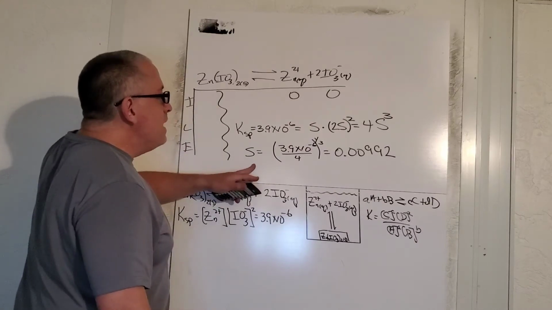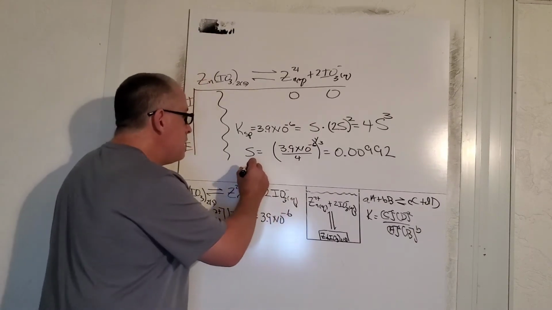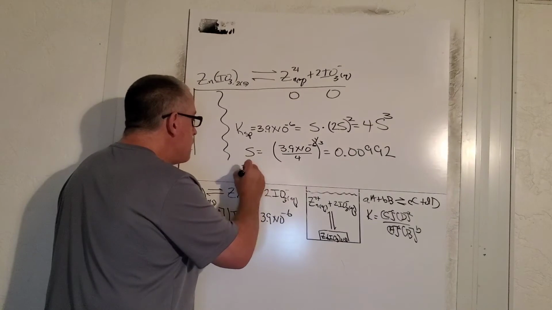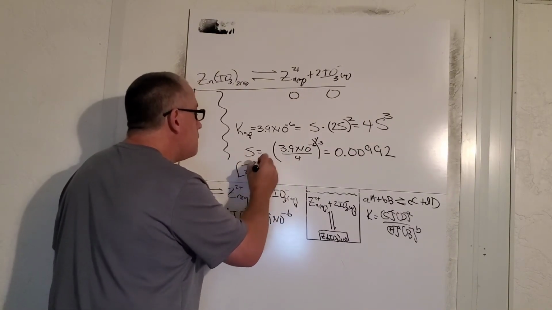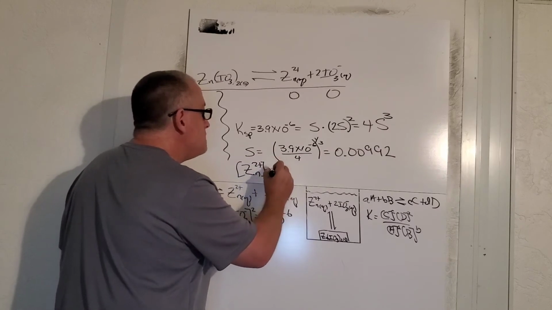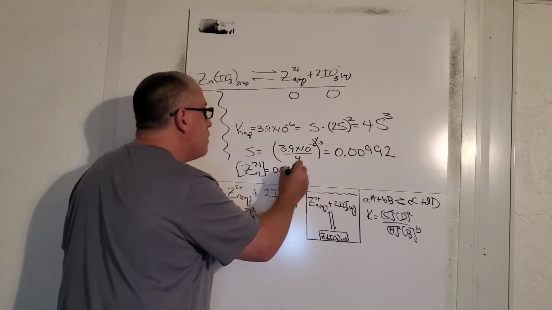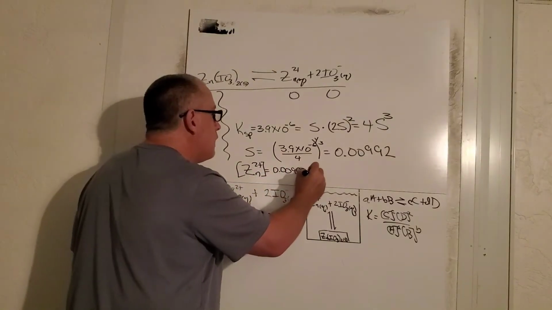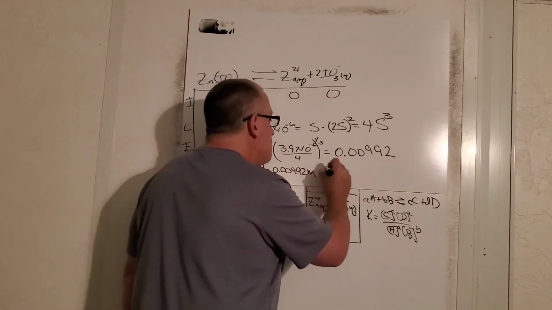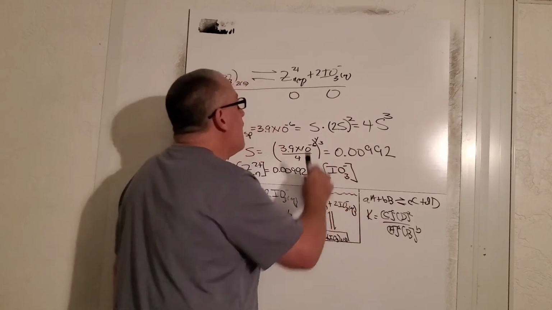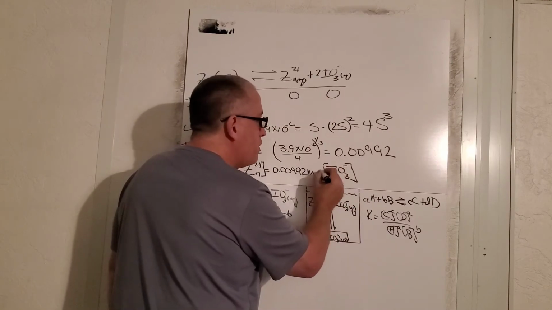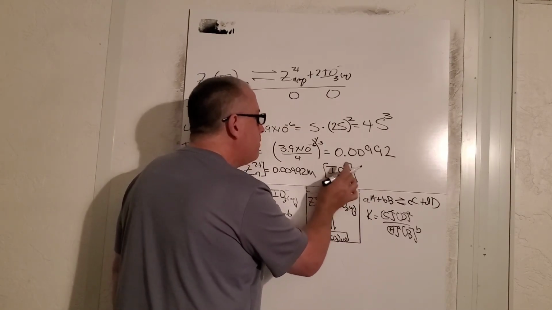Well, what does this mean? This means that at equilibrium, the concentration of the zinc ion is going to be 0.00992 molarity. And the concentration of the iodate ion, I know there's a 2 here. Don't put a 2 in front of this. This is the chemical name.